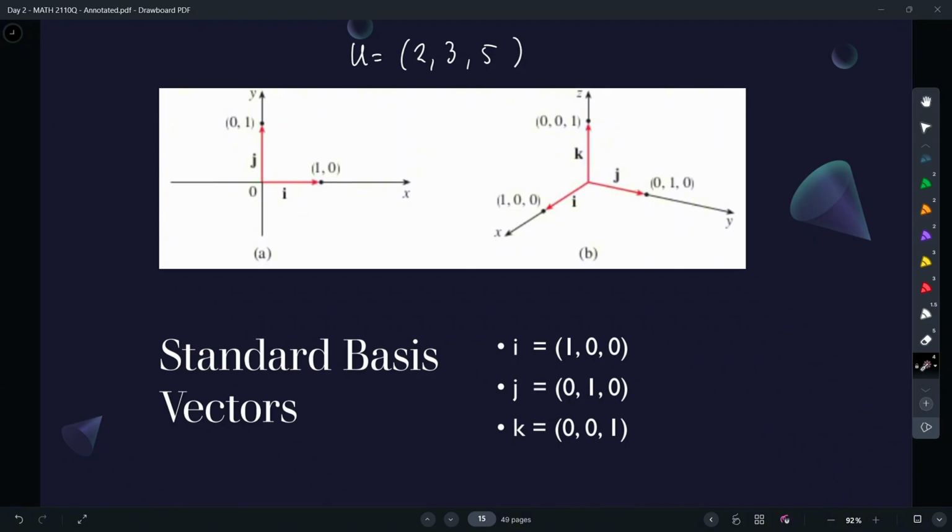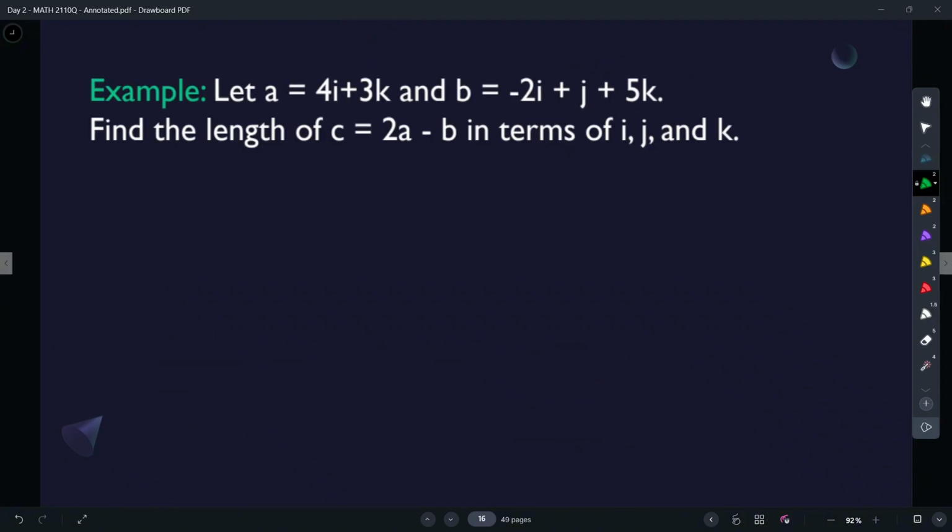And then we can write every vector in terms of i, j, and k. For example, this vector right here would be 2i plus 3j plus 5k. And in that notation, it really reflects the move 2 units in the i direction, move 3 units in the j direction, move 5 units in the k direction.